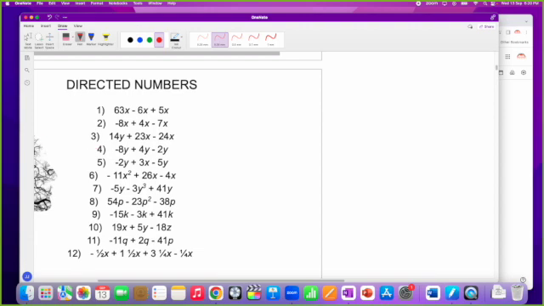Now the first thing we're going to do are directed numbers, and you can see we have something called polynomials here. Polynomial is one word, right? But poly means many, and nomial means numbers. So many numbers.